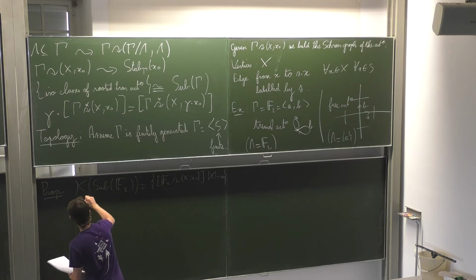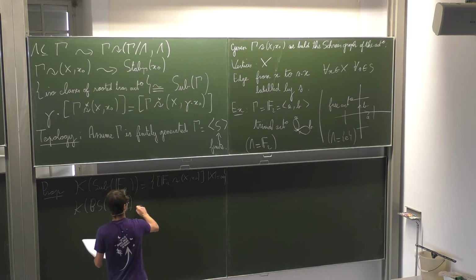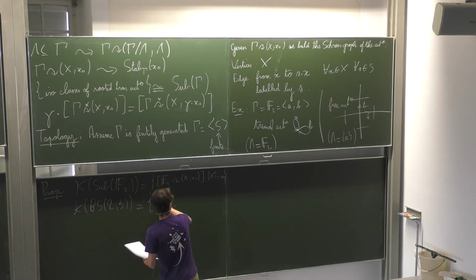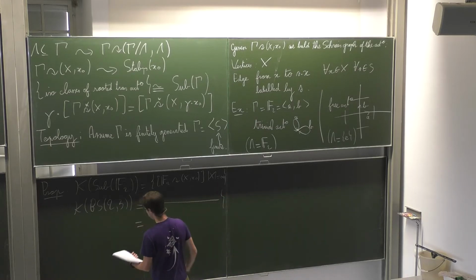And same thing for this BS(2,3). So the space of actions on infinite sets, so the space of infinite index subgroups.